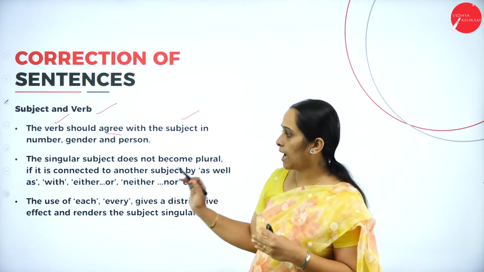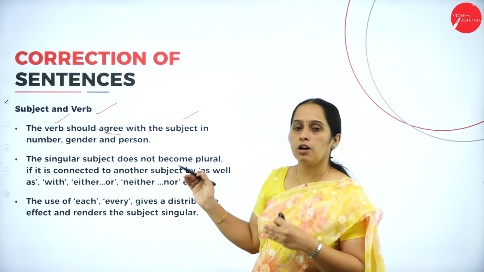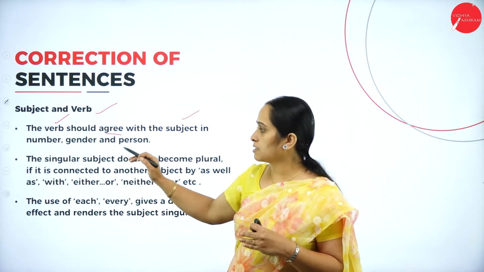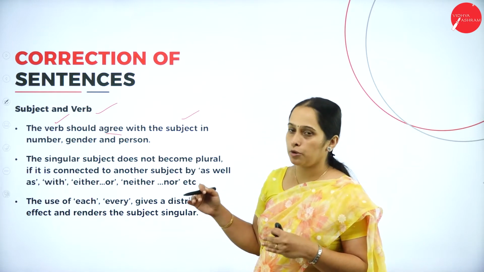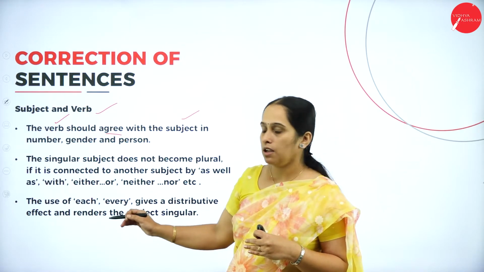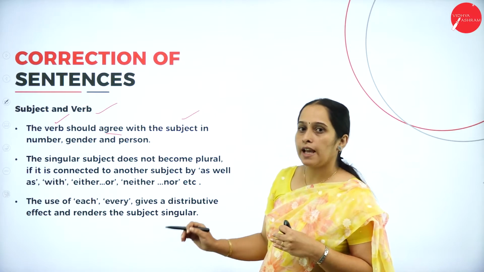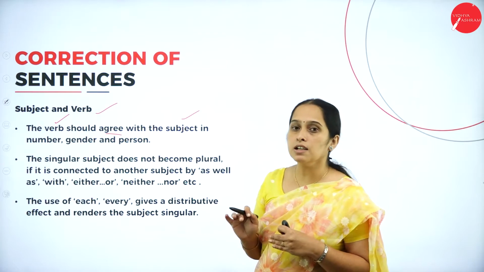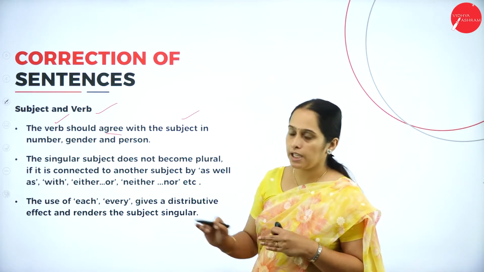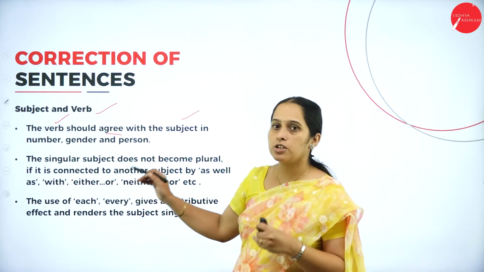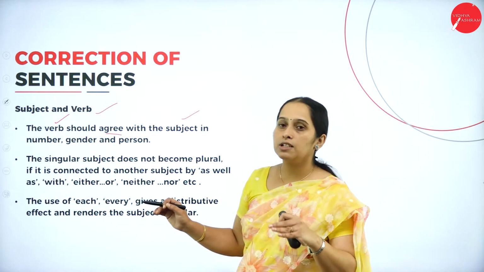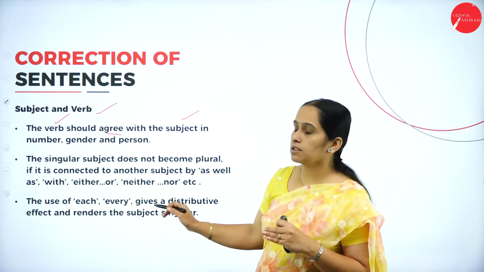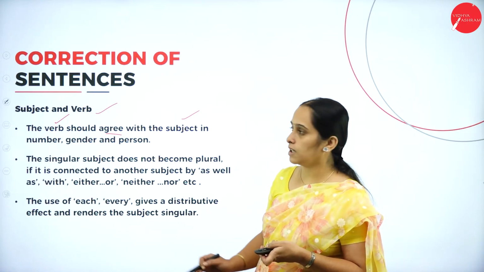When we use all these words, the singular subject will not become the plural subject. Next, the use of each, every gives a distributive effect and renders the subject singular. Here also when we use each, every, it gives a distributive effect, but the subject remains singular.